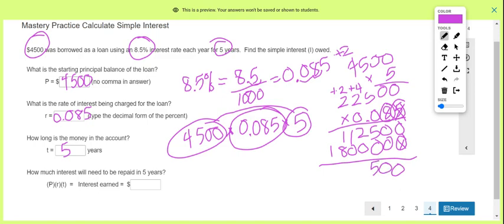Do not forget your decimal place values, 3 decimal places. All right, and then I'm going to double check my numbers real quick. And it looks like the numbers are good. $1,912.50. It's money, so we're going to focus on dollars and cents. That's 2 decimal place values.